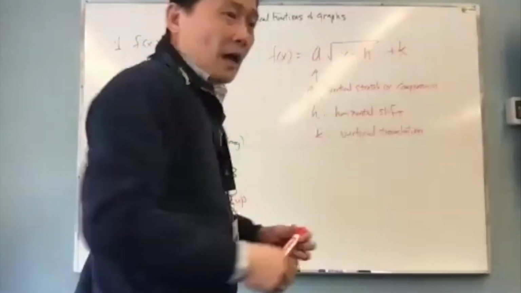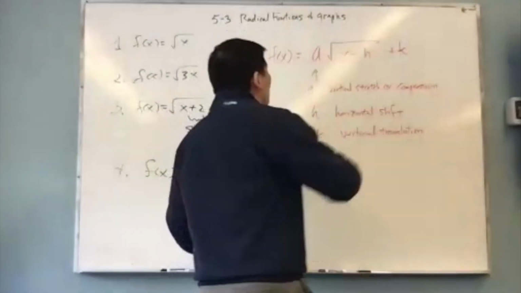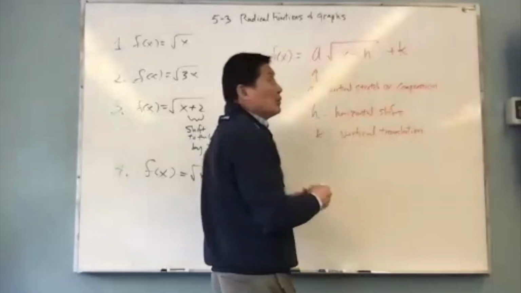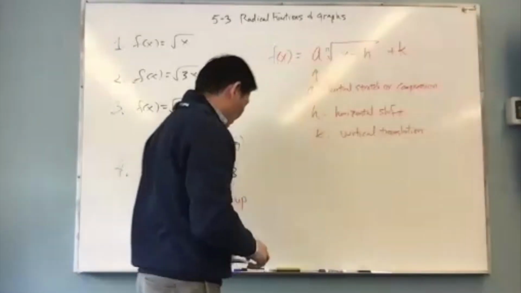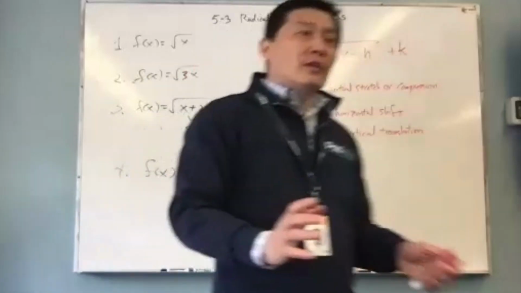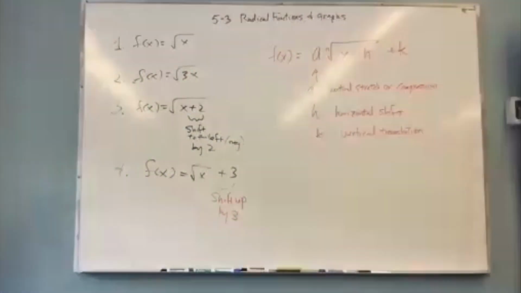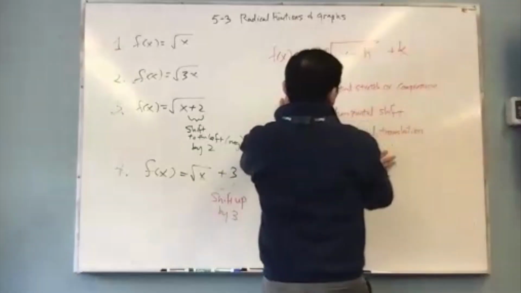Now, this can actually apply not only for the square root function, but for any nth root function. And not all nth root functions will be shaped the same way. In a moment, we're going to look at what cube root of x, fourth root of x, and fifth root of x will look like. But this is very important, at least this one.